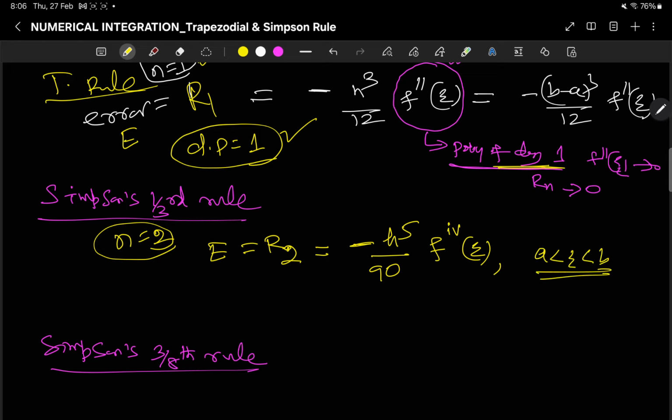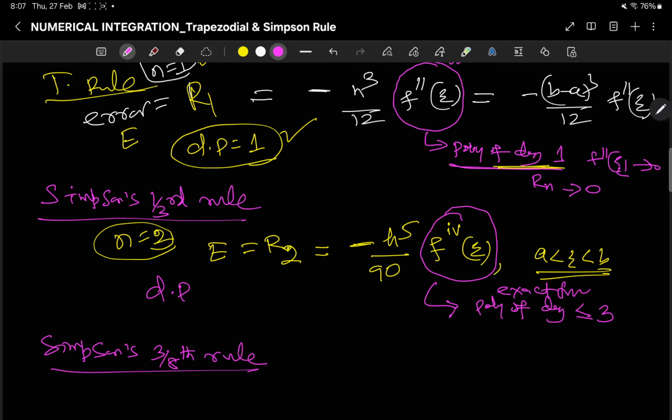This is the interval of integration. You see that since the fourth order derivative is involved, this derivative tends to 0 for a polynomial of degree less than or equal to 3. It is exact for that, and that's why the degree of precision for Simpson's 1/3 rule is 3.